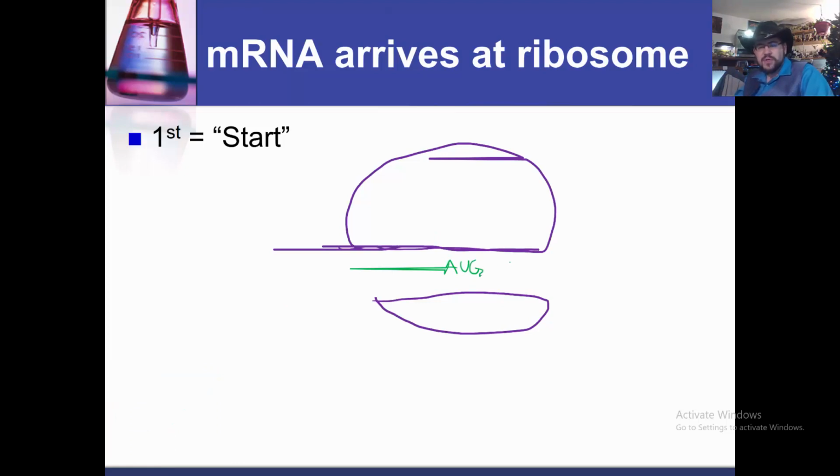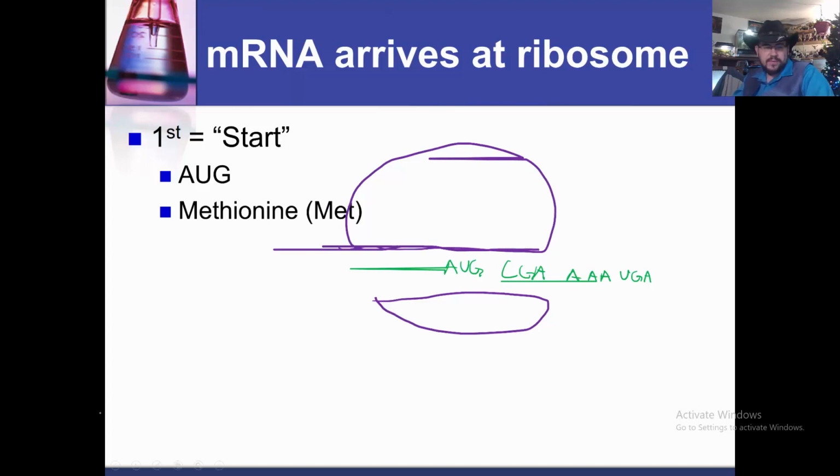I hate those graphical artifacts. There we go. A little bit of junk there. So we bind to that start. It's AUG. That codes for methionine. So, tRNA has its little methionine, right? There's a tRNA for every amino acid.